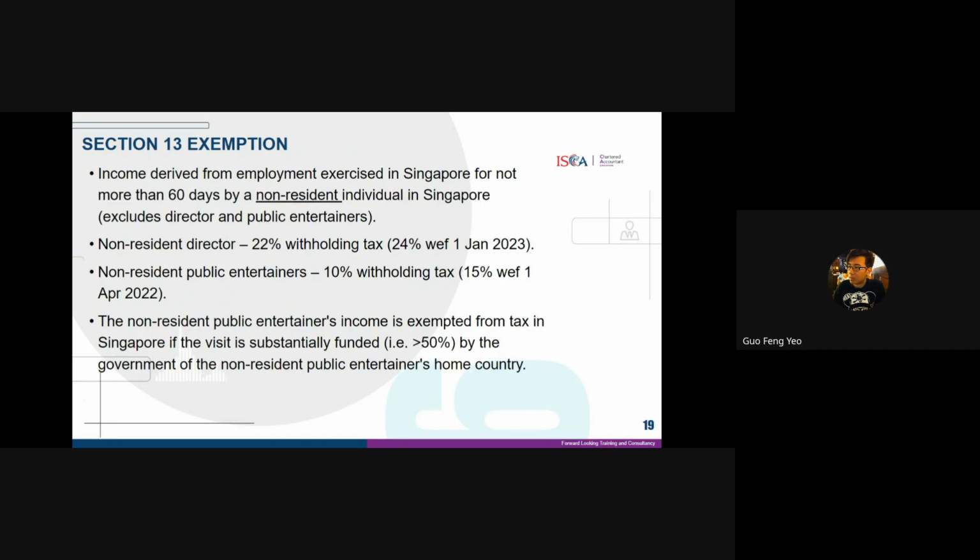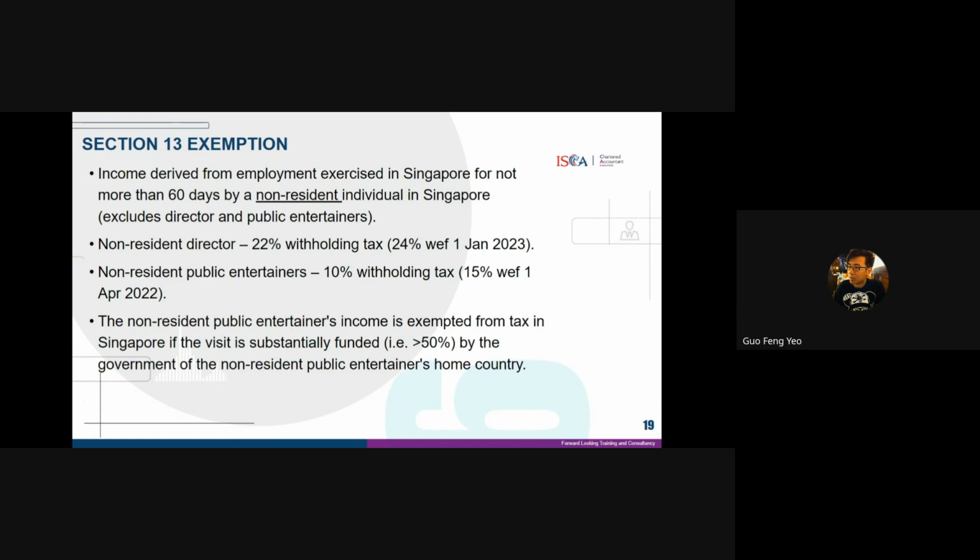Next, Section 13 exemption. Section 13 exemption covers a situation for non-resident. So, typically, without the exemption, non-residents' employment income will be taxable in Singapore from day one.